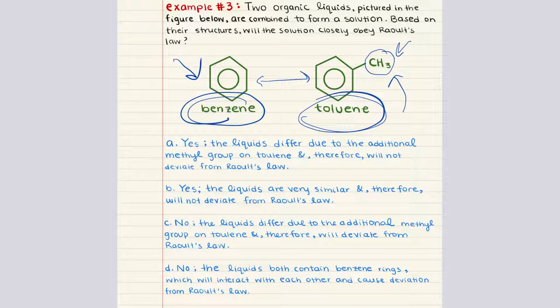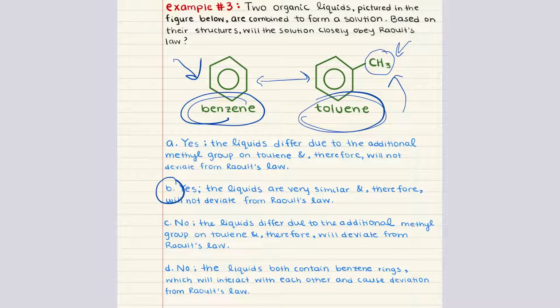This means that when benzene and toluene are mixed, their interactions will be quite similar to their pure states, making the solution behave ideally. Considering all that, the correct answer to the problem is going to be B. Will the solutions closely obey Raoult's law? Yes, the liquids are very similar and therefore will not deviate from Raoult's law.